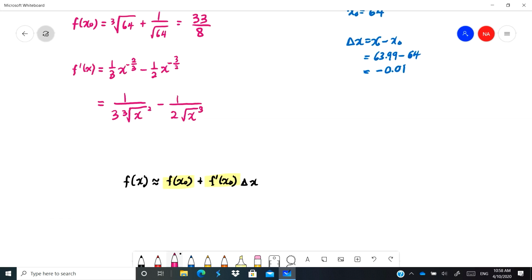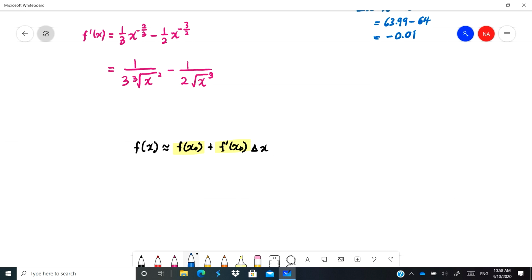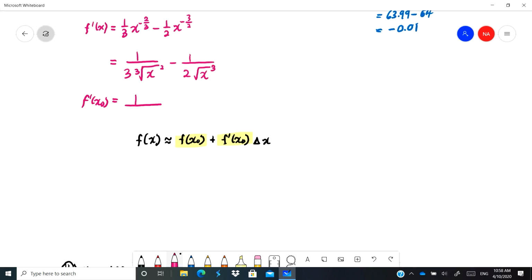So we also have to find the f'(x naught). Sorry. f'(x naught) in this case. All right, so we are substituting the value of 64 into this formula. So we'll have something like minus 1 over 2 times 64 to the power of 3.